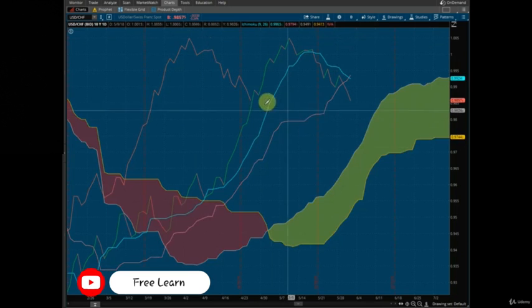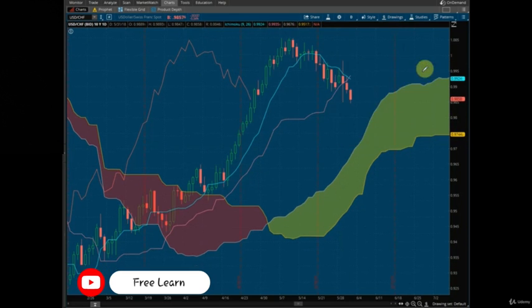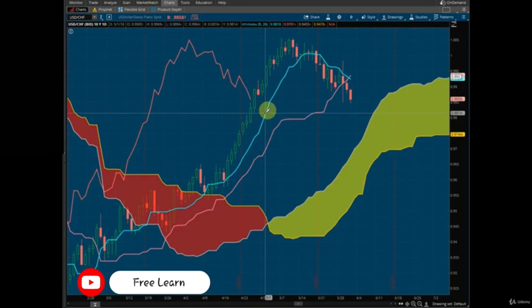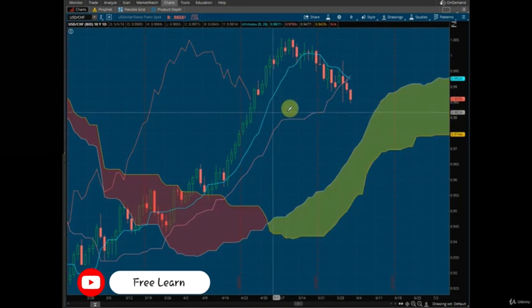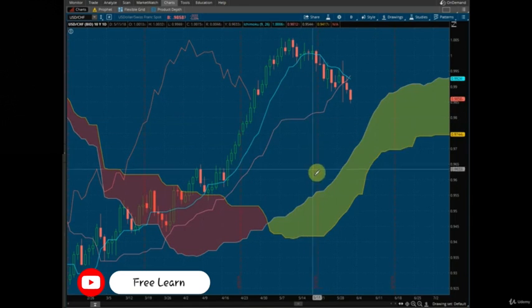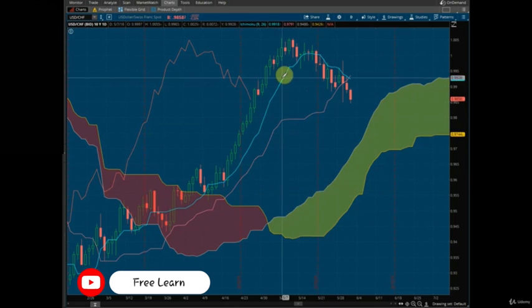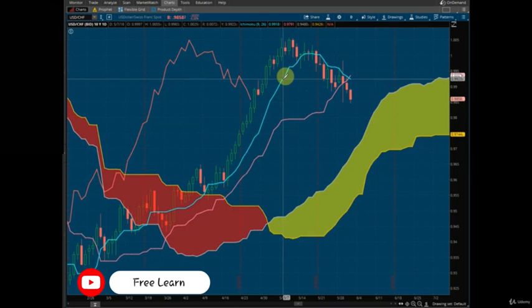All right, so once again, 5 lines here. We have the price. I'll change it back to a Japanese candlestick chart just to illustrate this a little better. It's less confusing. We have the Tenkan Sen, the blue line, 9-period rolling mid-price. We have the Kijun Sen, 26-period rolling mid-price. We have the Senku Span A, which is the average of the Tenkan Sen and the Kijun Sen.